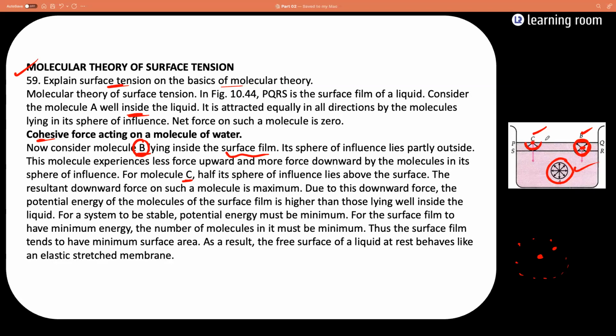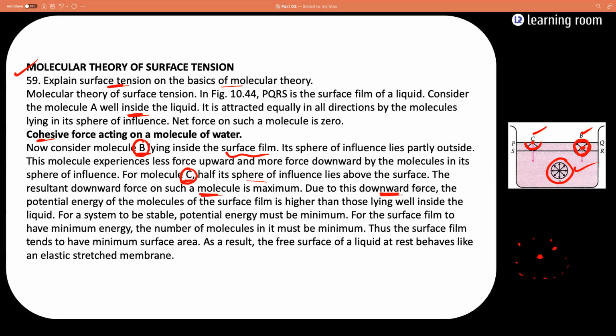Sphere of influence comes into picture only when there is a force existing between the same nature of particles. So for molecule C, half of its sphere of influence lies above the surface. So the resultant downward force on such a molecule is going to be maximum, because the other water molecules below the surface will exert a greater force on the particle exactly on the surface.